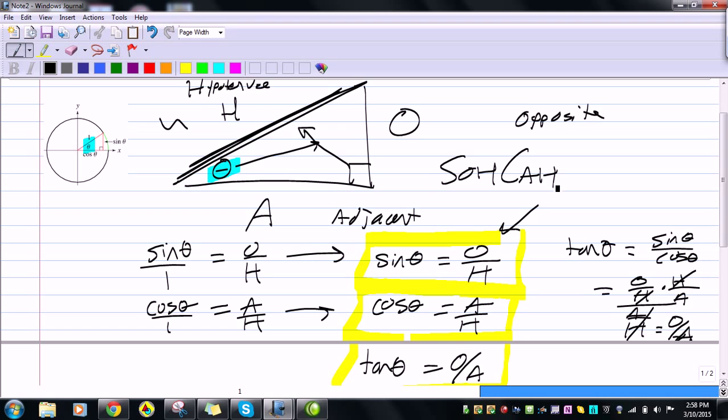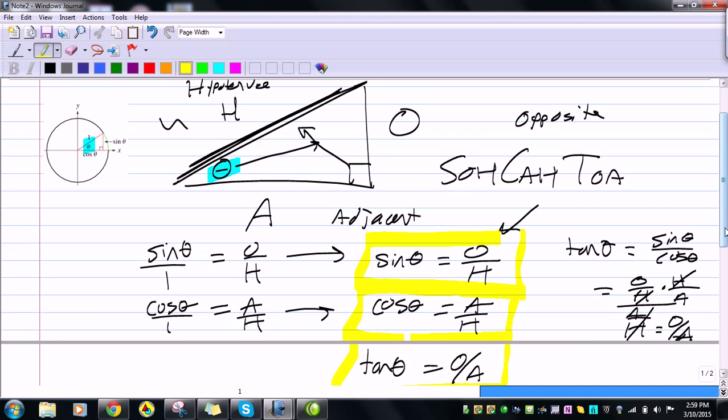The CAH part reminds us that cosine equals adjacent over hypotenuse. And the TOA part reminds us that the tangent is equal to opposite over adjacent of any right triangle.